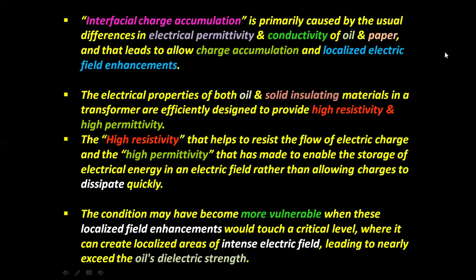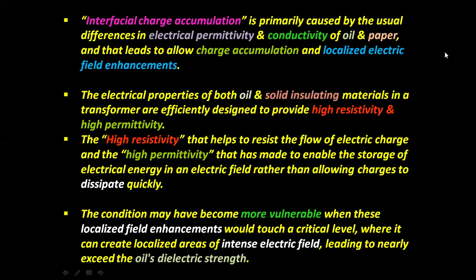The electrical properties of both oil and solid insulating materials in a transformer are designed to provide high resistivity and high permittivity. The high resistivity helps to resist the flow of electric charge, and the high permittivity enables the storage of electrical energy in an electric field rather than allowing charges to dissipate quickly.